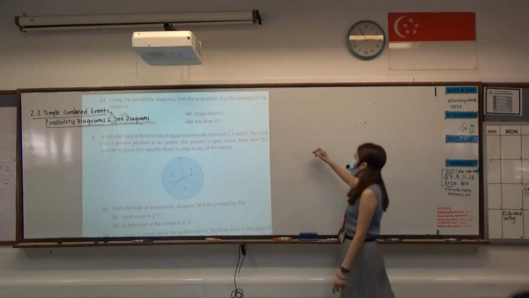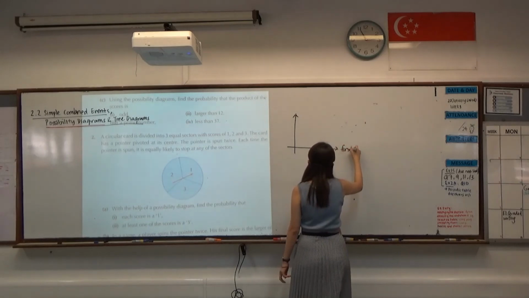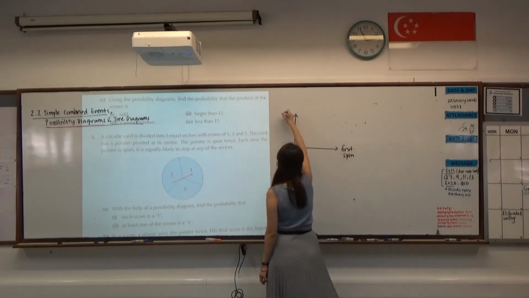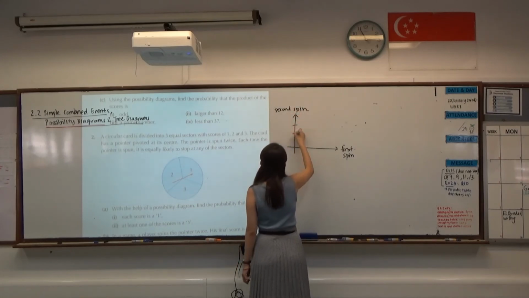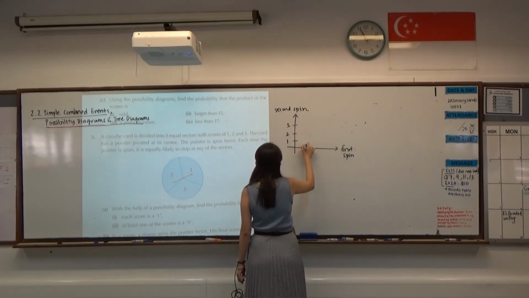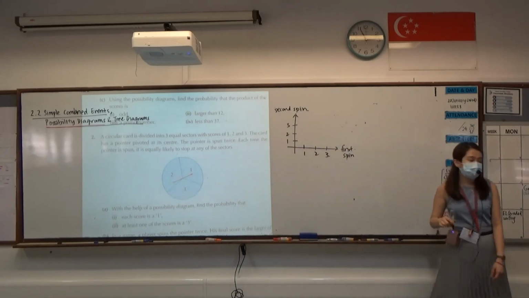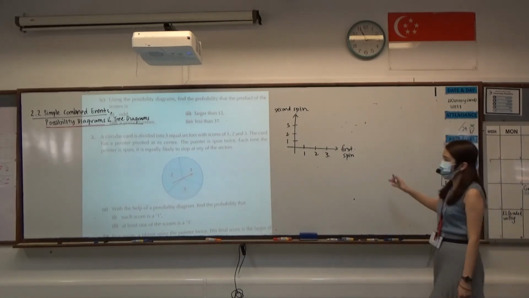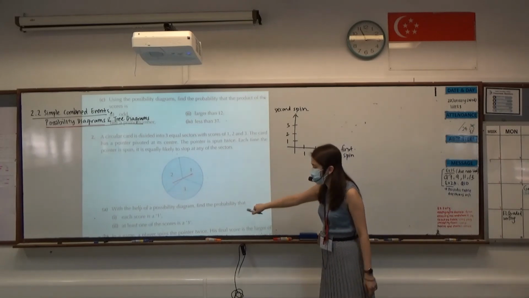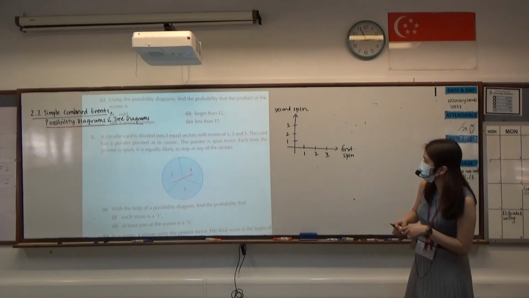If you want to draw a possibility diagram in this case, we are looking at first spin and second spin. First spin we get the option of having 1, 2, or 3. Second spin we get the option of having 1, 2, or 3. Okay. So the score itself is per spin.